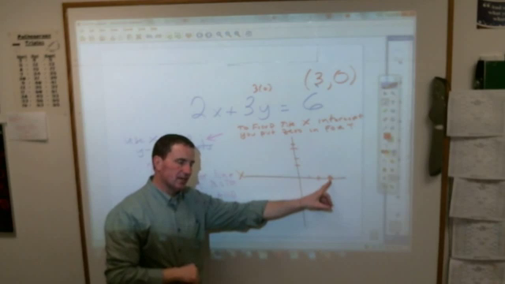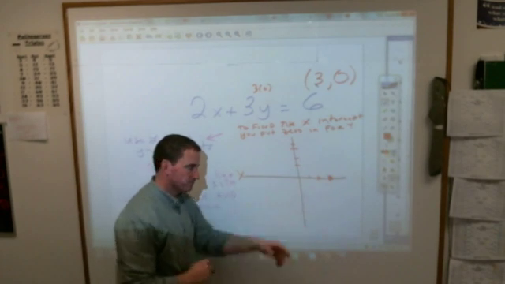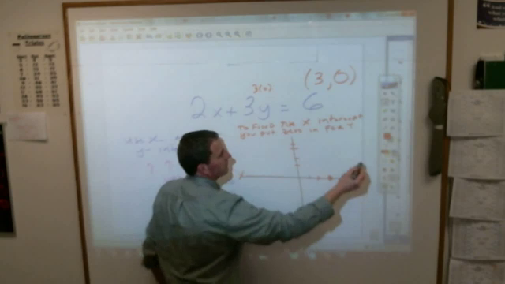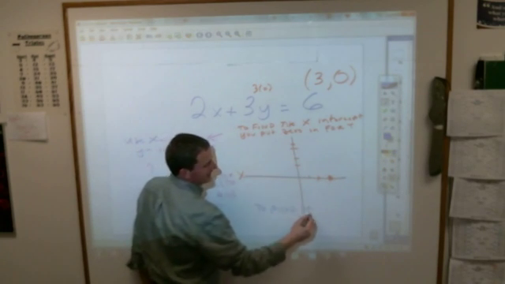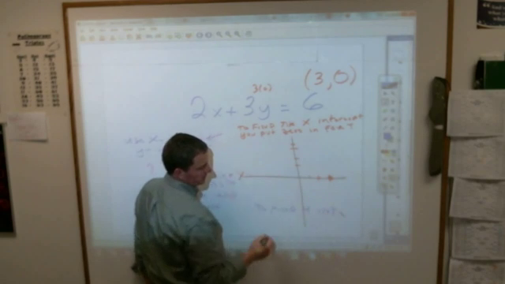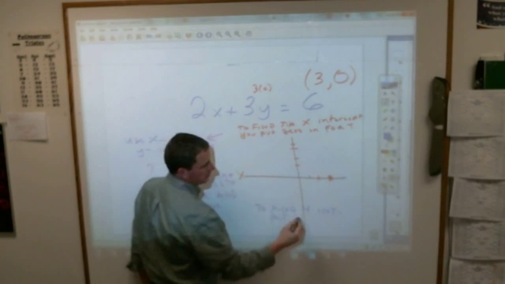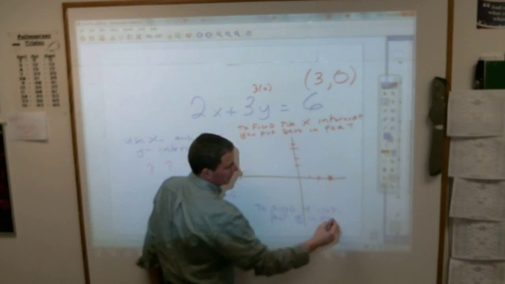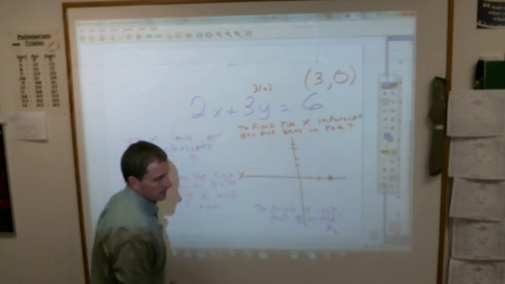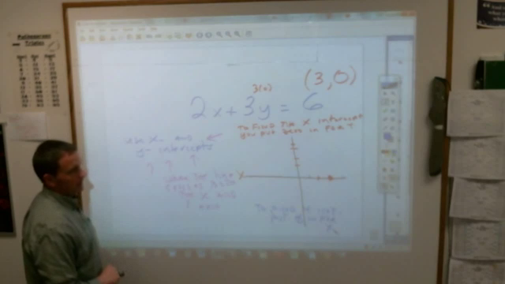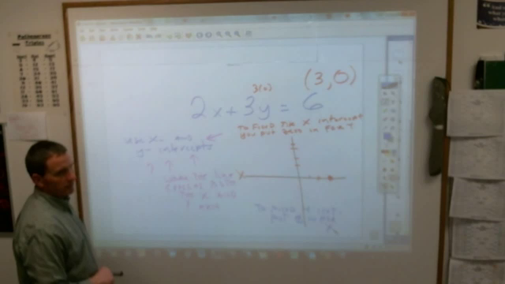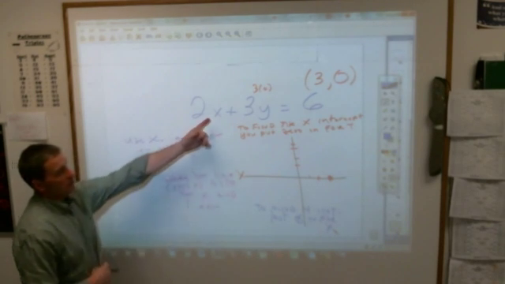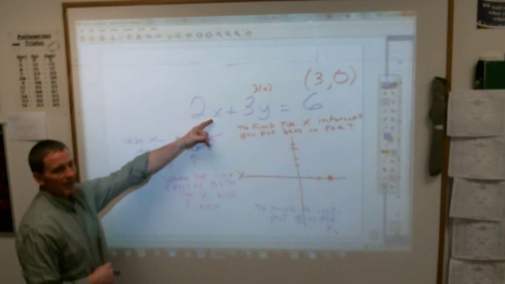Guess what you'll do to find out where it crosses the y-axis? To find the y-intercept, put 0 in for x. Again, I'll show you that. Everybody's looking up here blankly. If I put 0 in for x, what happens to the x term?